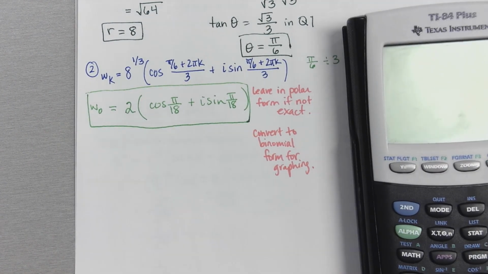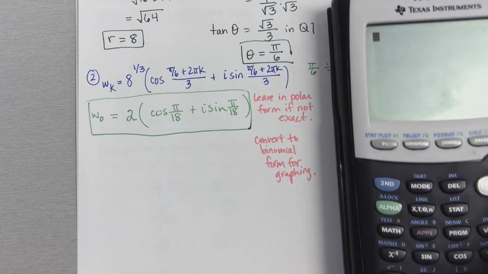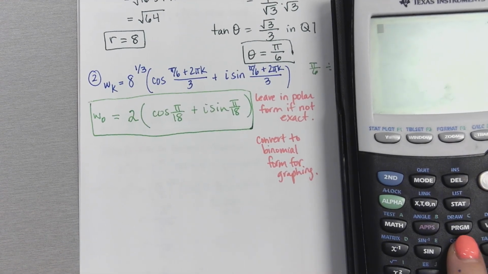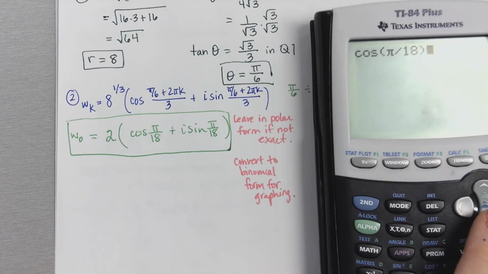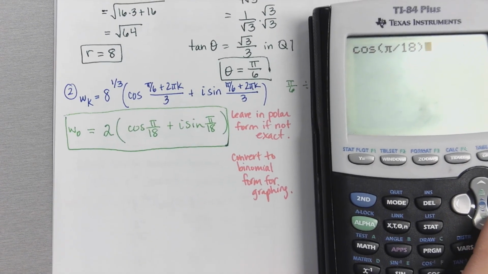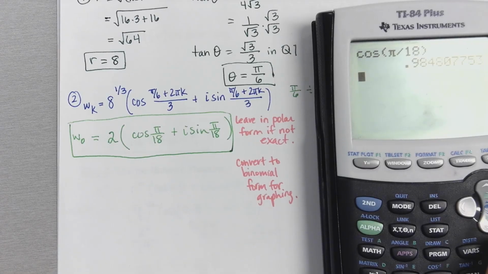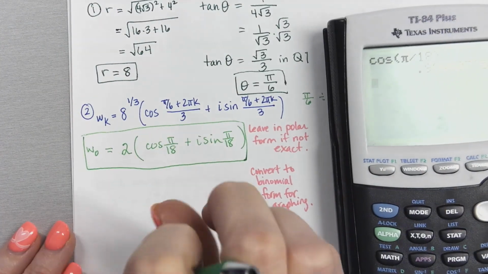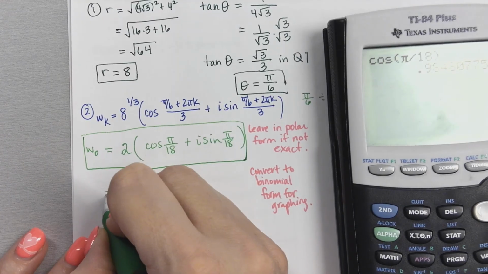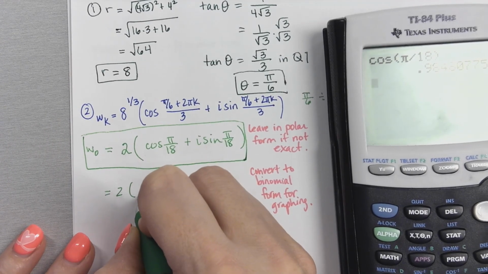So when you do that, you just want to make sure that you have the cosine and your mode is in radians. Okay, so cosine, not cosine inverse. Okay, and then you can do this all on your calculator. I'm just going to write out this for you so you understand what's going on.